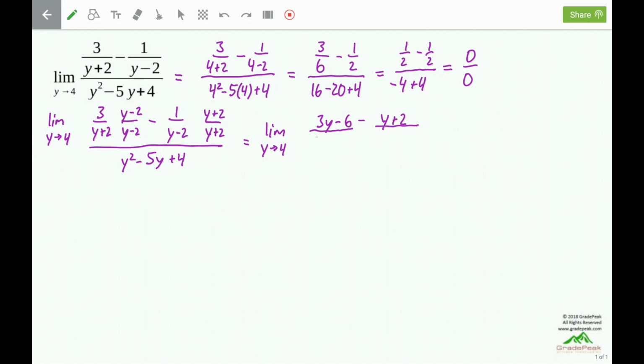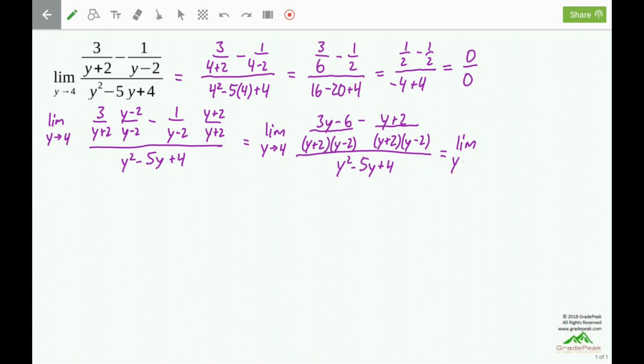Each of those will be under the common denominator. I'm going to keep that factored. It will be y plus 2 and y minus 2. Notice that we have a minus there. I'm keeping that minus there. That minus will distribute onto both of these terms when we go and combine them together. That'll come in the next step. This will be over y squared minus 5y plus 4.